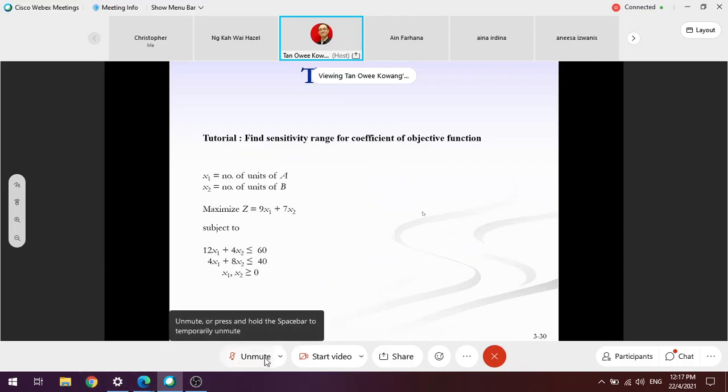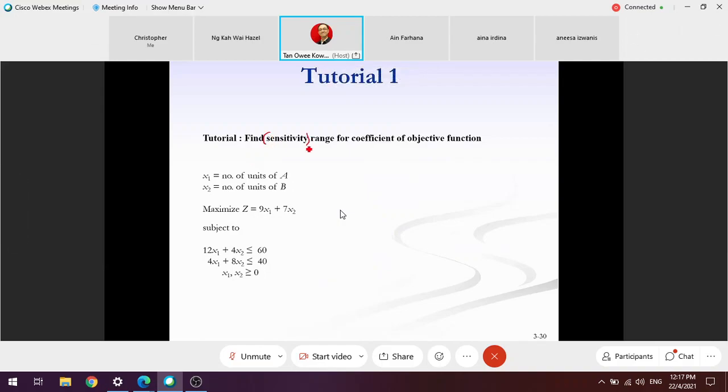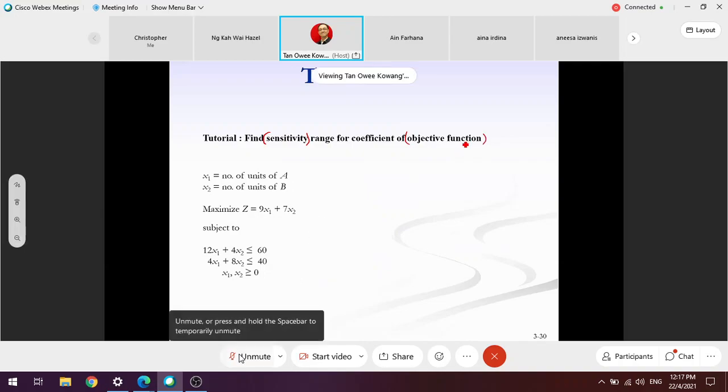Okay, so part 2 is talking about sensitivity for the objective function. So this sensitivity of the objective function basically, the first step is you have to convert or transform the linear programming into the format of y equal to mx plus c.